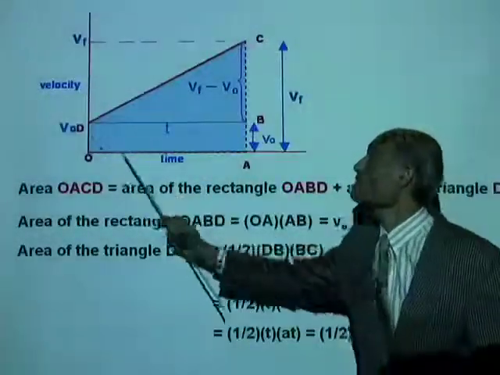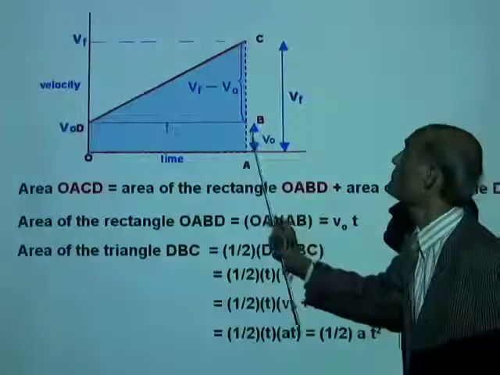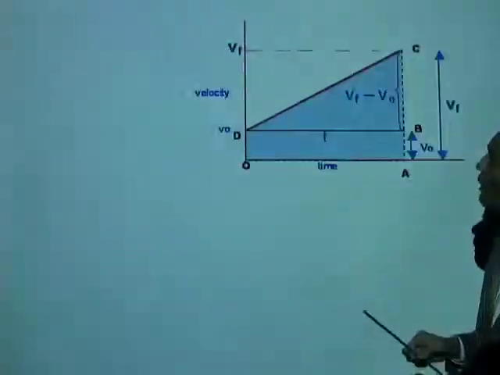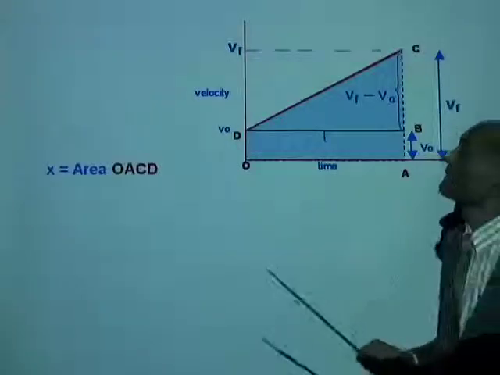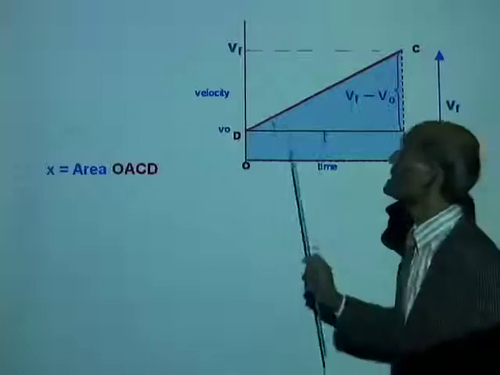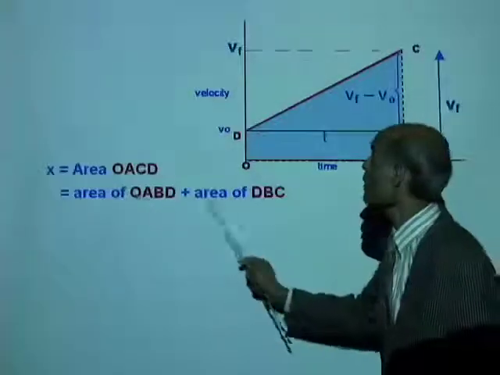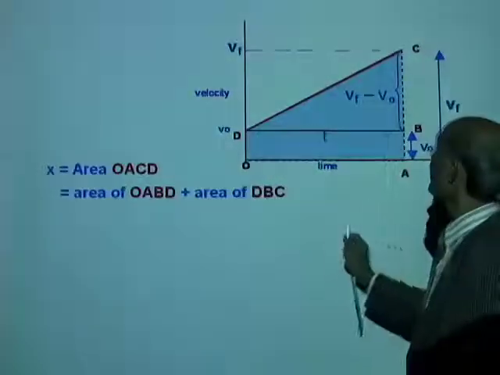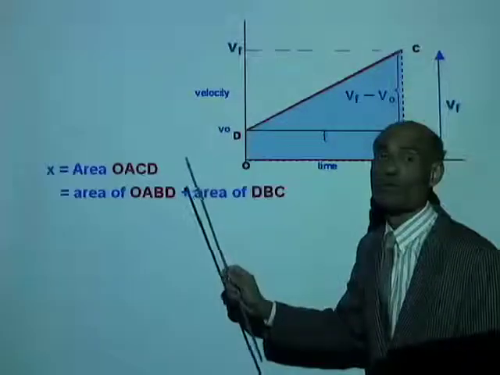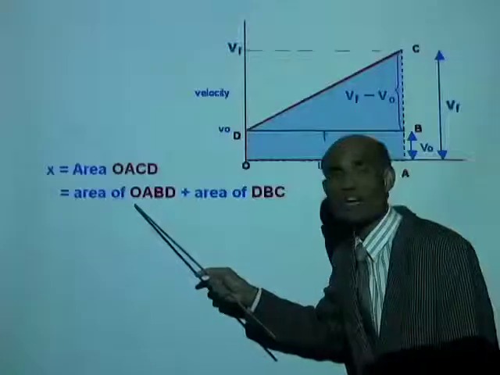And the area of the rectangle is V0 multiplied by T. What is therefore the total area? The area of OACD is the area of the rectangle plus the area of the triangle. What did we say the area of the rectangle is?